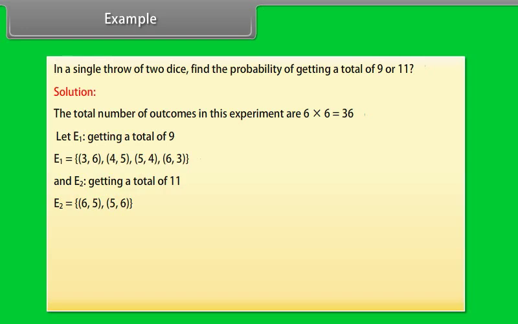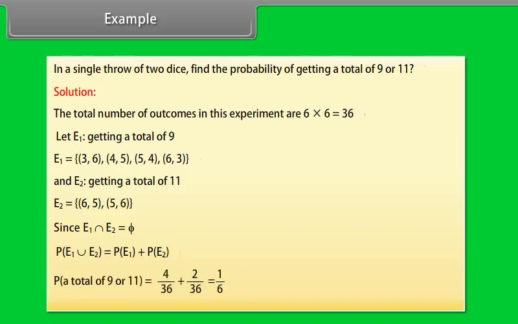E2 is equal to (5,6), (6,5). Since E1 intersection E2 is equal to empty set, P(E1 union E2) is equal to P(E1) plus P(E2). P(a total of 9 or 11) is equal to 4 by 36 plus 2 by 36 is equal to 1 by 6.